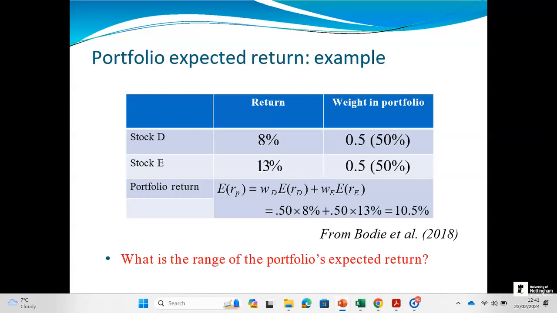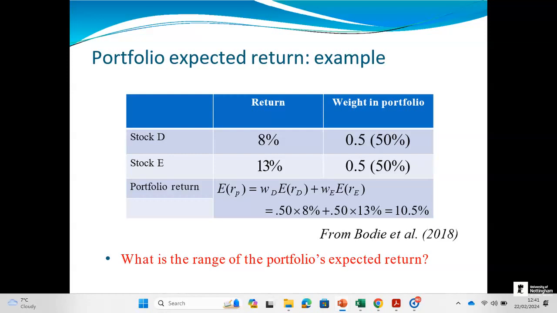Okay, but here you can see you can create multiple of these portfolios depending upon how much you're going to put in each of these assets, right? So what is the range of the portfolio expected returns?